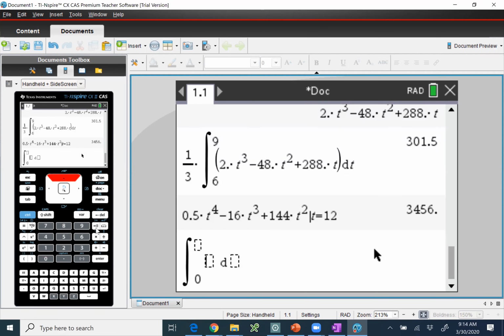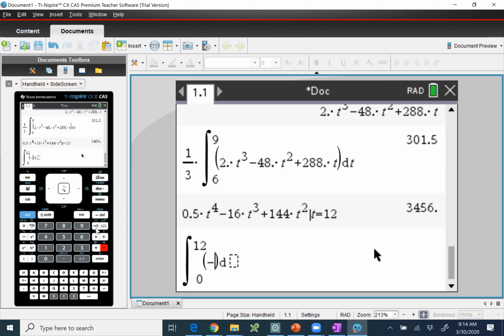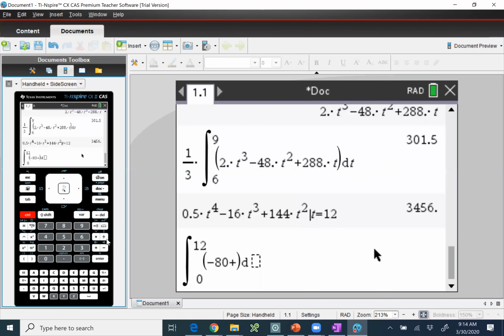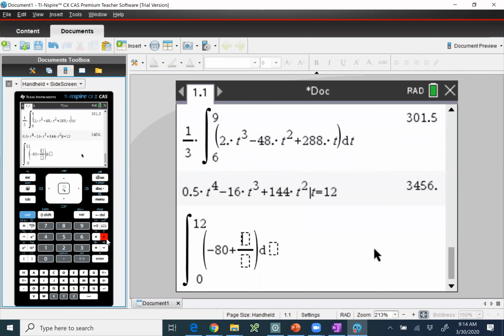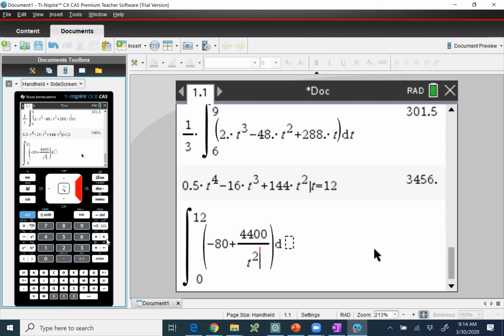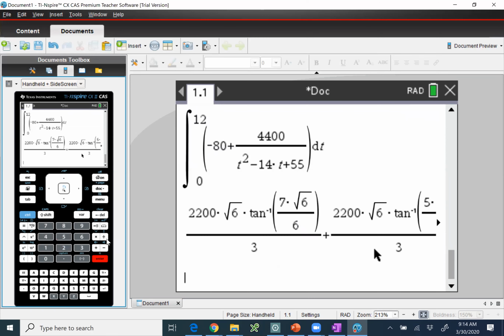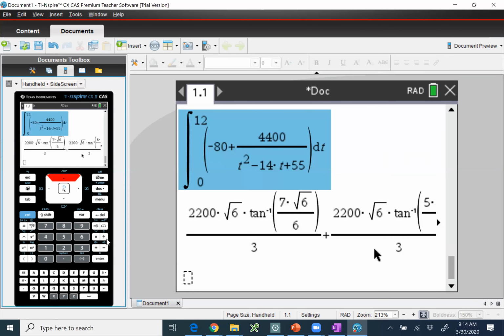So from 0 to 12 of negative 80 plus 4,400 over t squared minus 14t plus 55 dt. Control Divide will give us that. If we get something weird like this, just Control Enter or double check that we wrote this correctly.